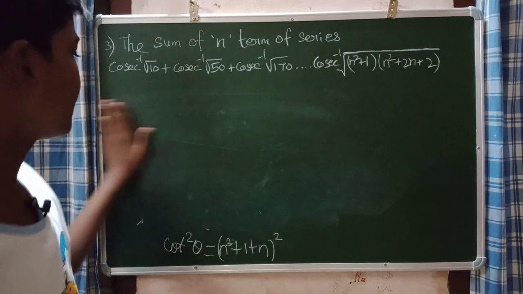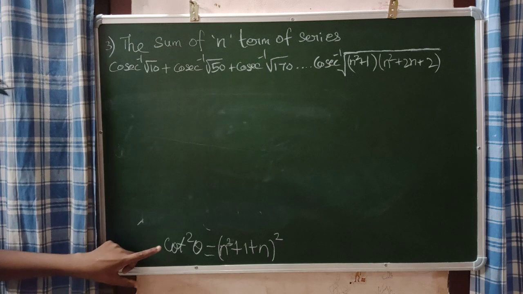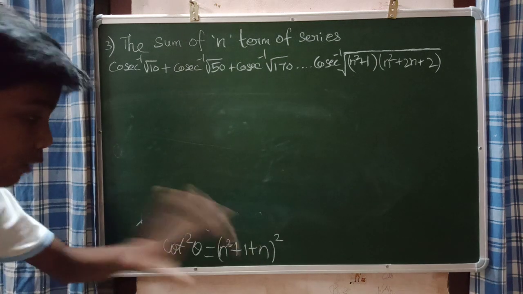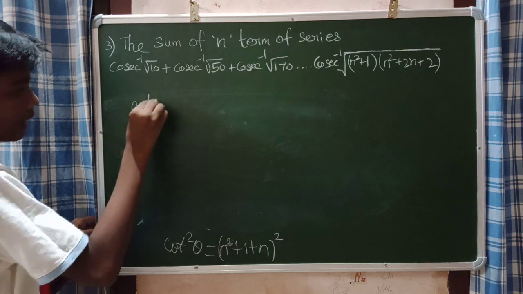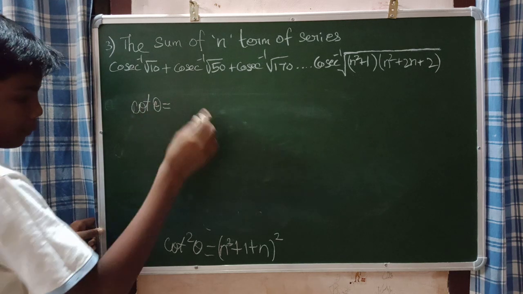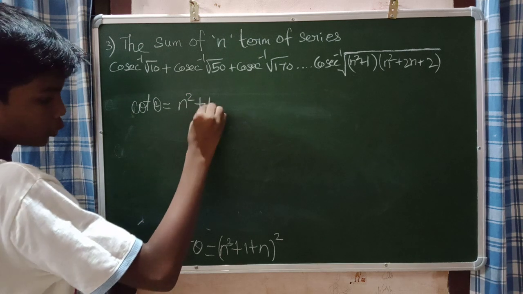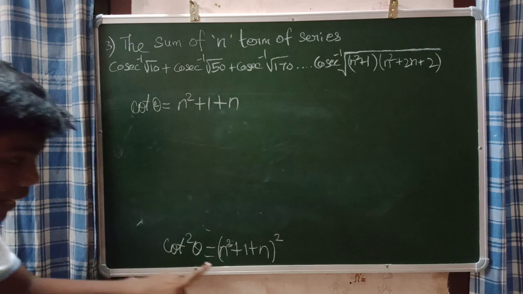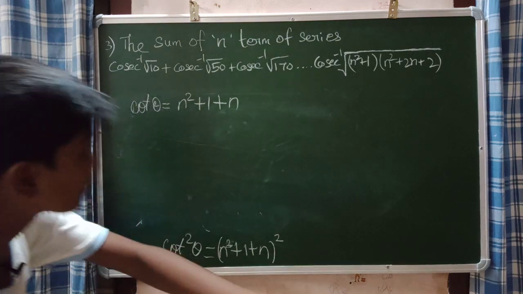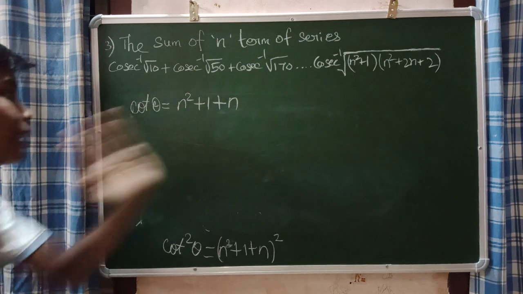Cot square theta is equal to n square plus 1 plus n whole square. So what will be cot theta? Cot theta will be equal to n square plus 1 plus n. If cot square theta is equal to n square plus 1 plus n whole square, then cot theta will be equal to n square plus 1 plus n.